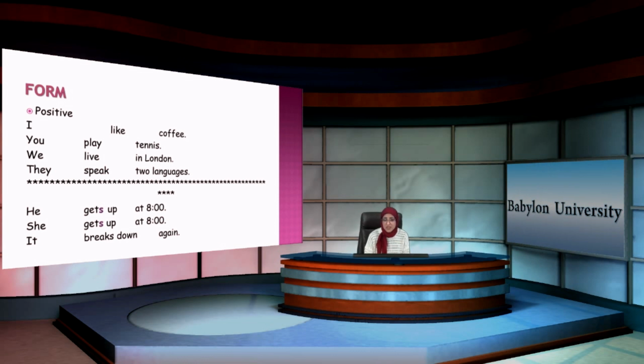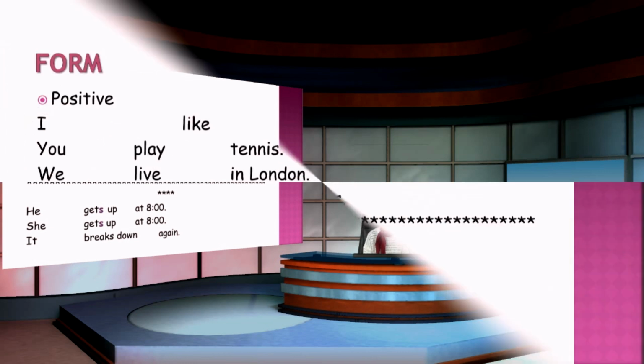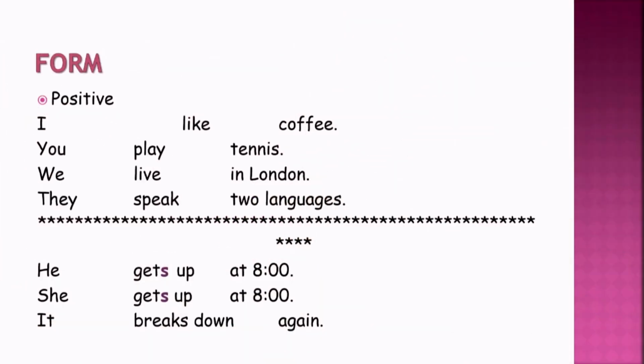To start with the form, we are going to talk about three different forms: number one, the positive, or you may call it affirmative or even statement; the negative form; and the question or the interrogative sentence.